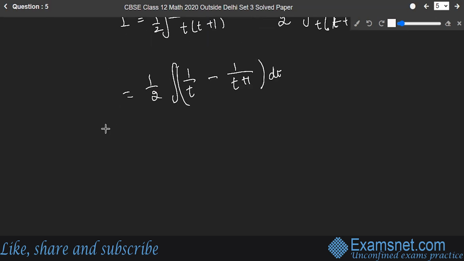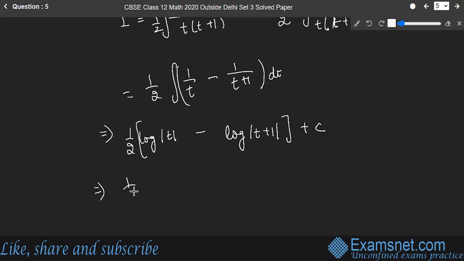So now it's easy to find out the integral of the two. This will be half of (log of t minus log of t plus 1) plus c. Now let's get back and fill in the value of t. This will be half log of, you can write it better as, t upon (t plus 1) plus c.